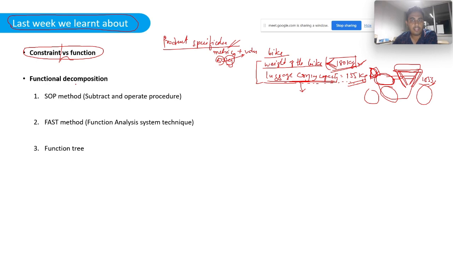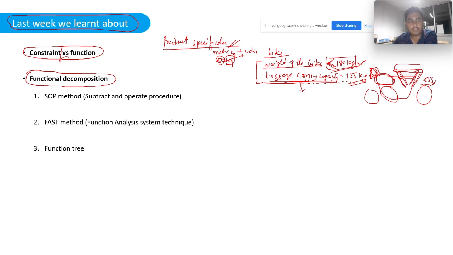Next, what we learned in the last class was functional decomposition. What is functional decomposition? Do you remember? Yes, in functional decomposition, we use the FAST method to identify all the functions of individual parts of a product.